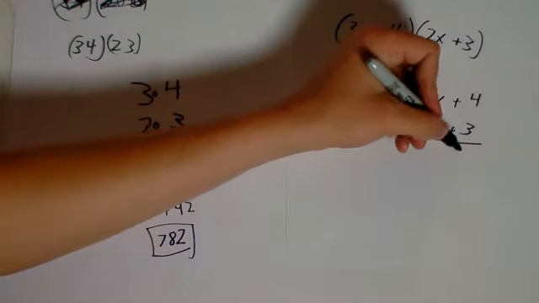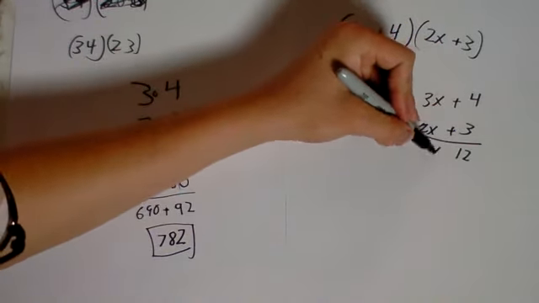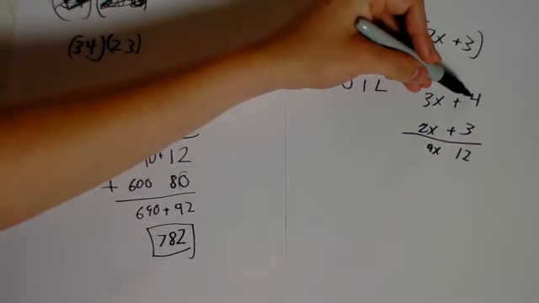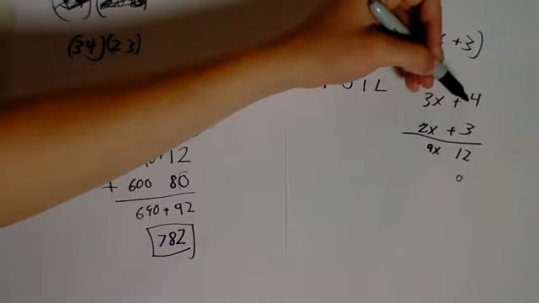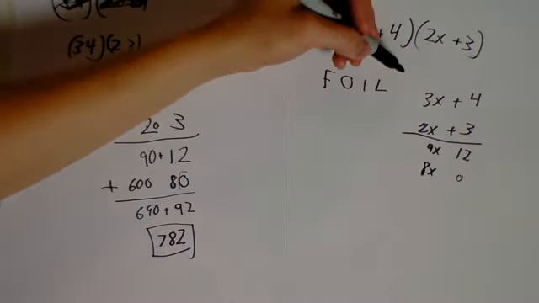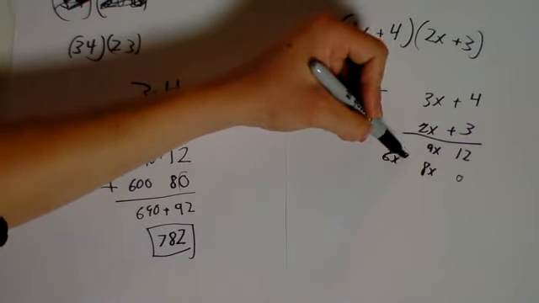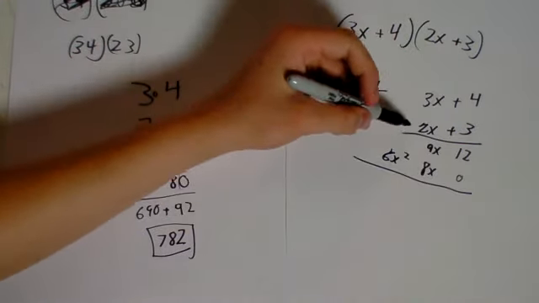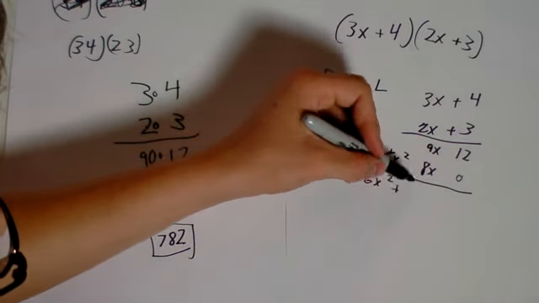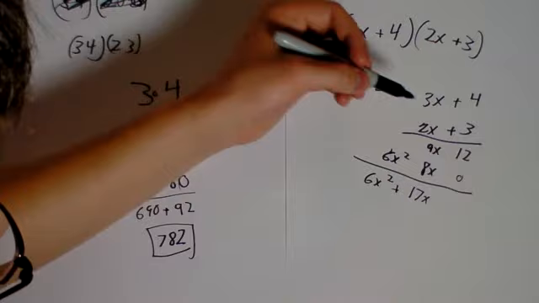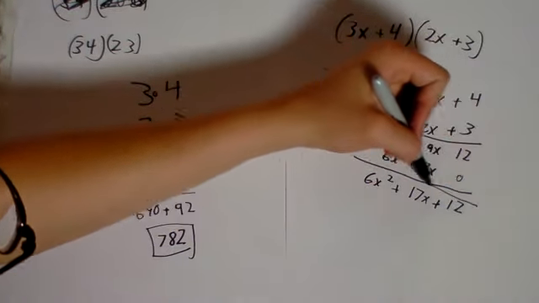All right, 4 times 3 is 12. 3 times 3x is 9x. 2x times 4, and we can even put our 0 here if we want. 2x times 4 is 8x, and 2x times 3x is 6x squared. And if we add these together, we're going to get 6x squared plus 17x plus 12. All right?